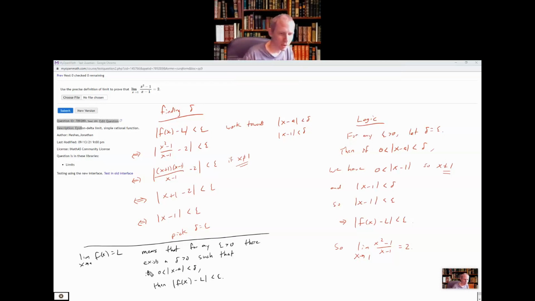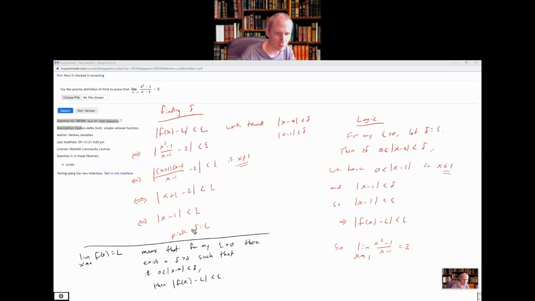So in order to show this limit, we have to show this definition is satisfied for this particular situation. So what we need to do is start with an epsilon greater than 0 and then show that there is a delta by writing down what it is. Then if we have this first statement, we get the second one. But what we did here is work backwards. I'm not starting with if |x minus a| is less than delta, I'm starting with |f(x) minus L| less than epsilon.